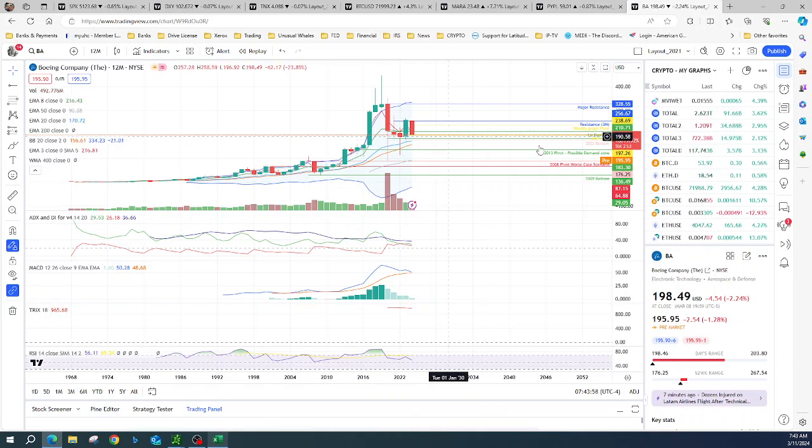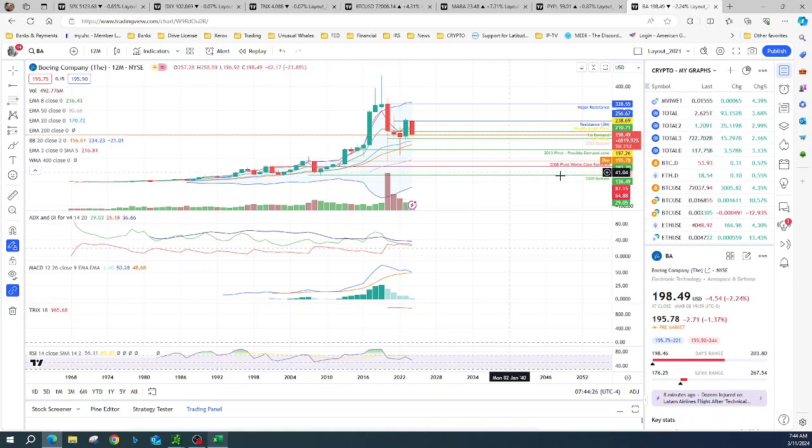We have important support at 183.30. If you break down 183.30, the next support is supposed to be the 2023 bottom around 176.25. If you break down the 2023 bottom, things are going to get really wide.